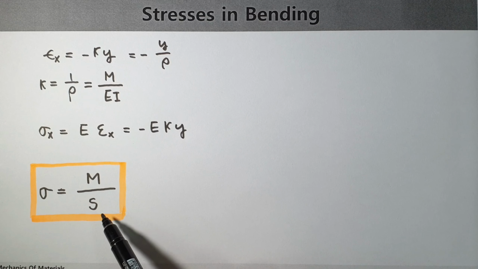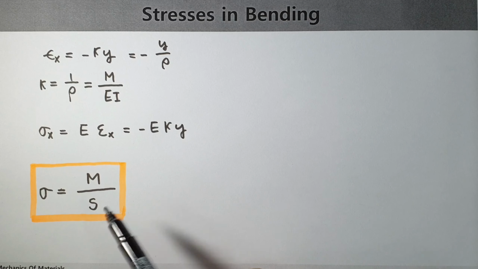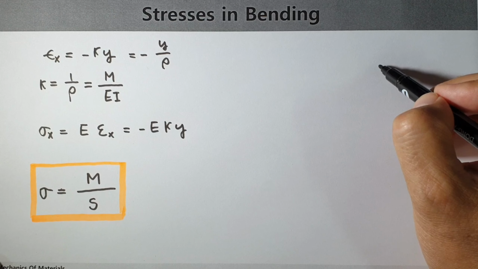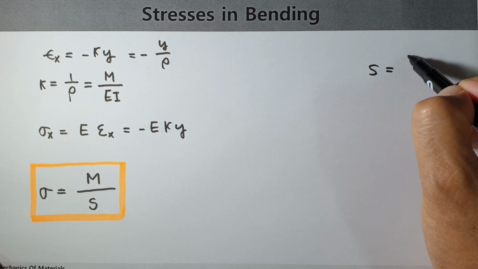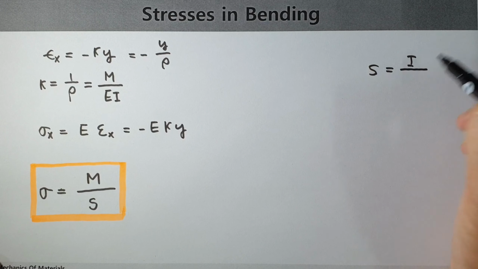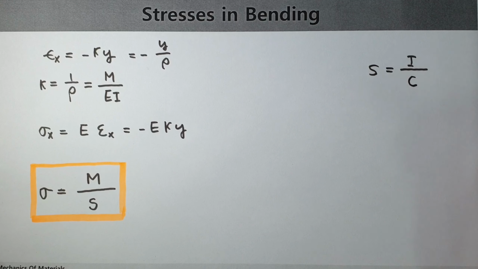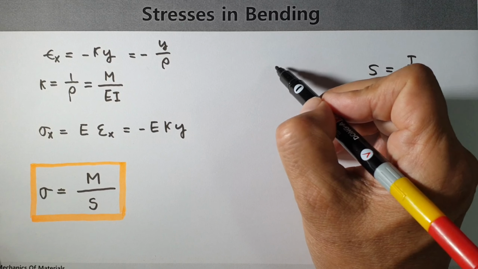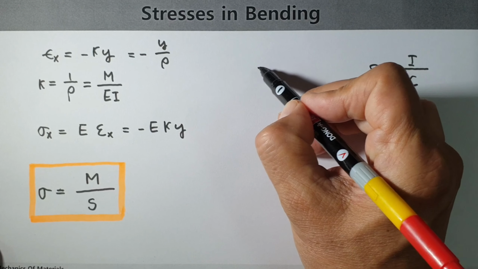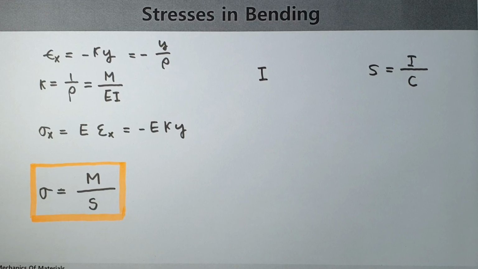And now let's think about S, section modulus S. Section modulus S is actually defined by moment of inertia divided by the length c, and moment of inertia I equals integral of y squared dA.